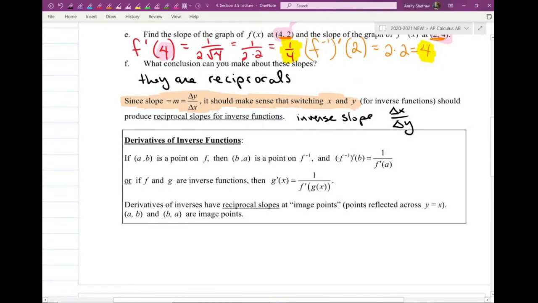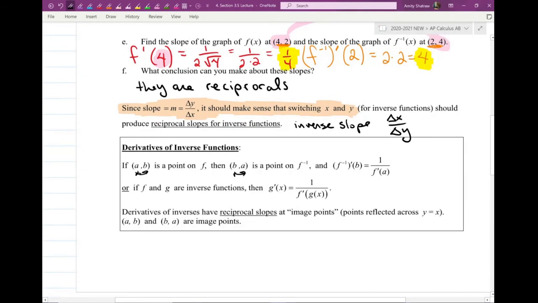All right, so now we have a final statement here. We could say that if I have this point A, B, and it's a point on f, then when I flip A and B and I look on the inverse, what I get is 1 over the derivative at A. Now, I'm not much for memorizing these kinds of formulas, so if you can memorize it, great.